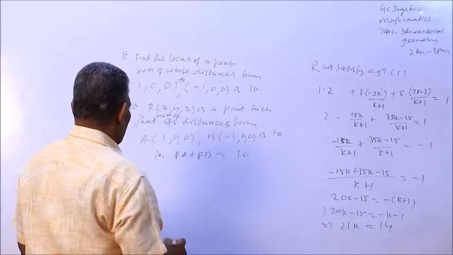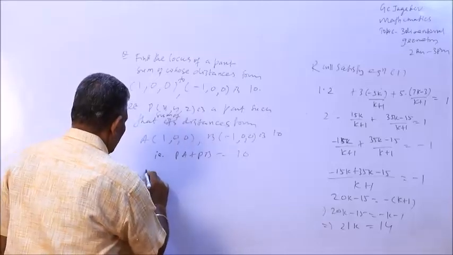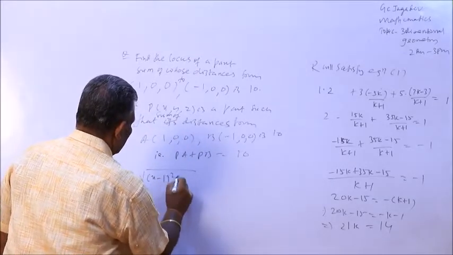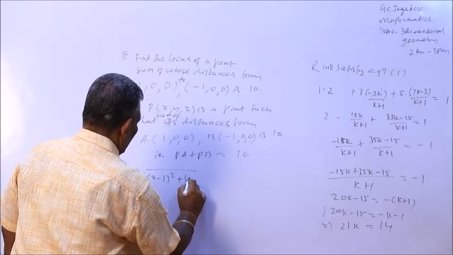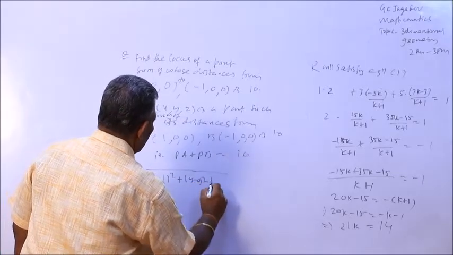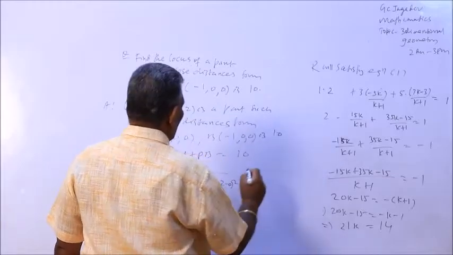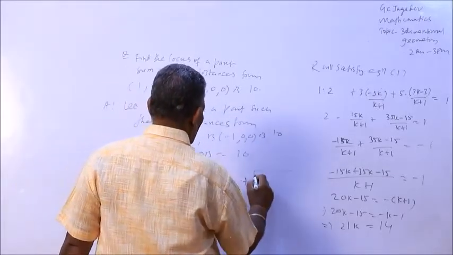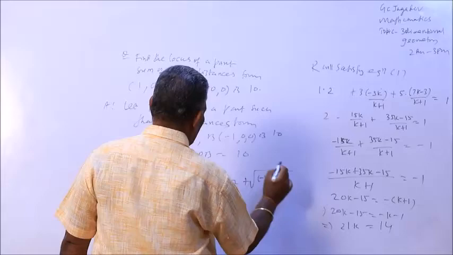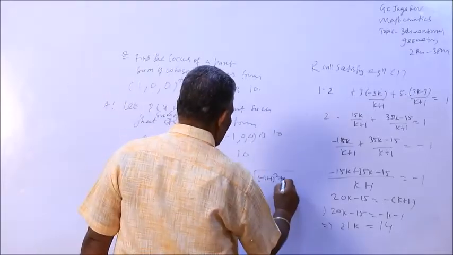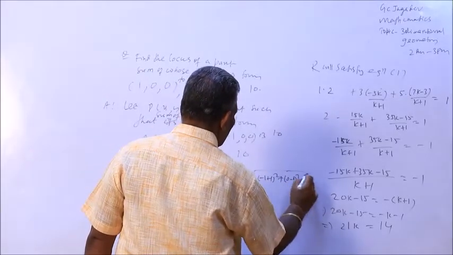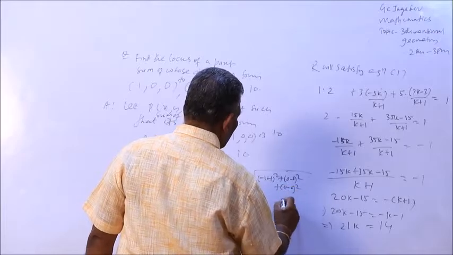By the distance formula you can find PA: root over x minus 1 whole square plus y minus 0 whole square plus z minus 0 whole square, plus root over minus 1 plus 1 whole square plus 0 minus 0 whole square plus 0 minus 0 whole square equal to 10.